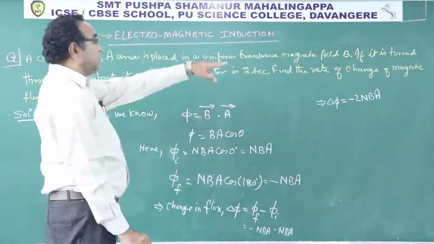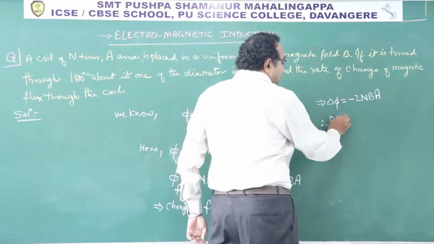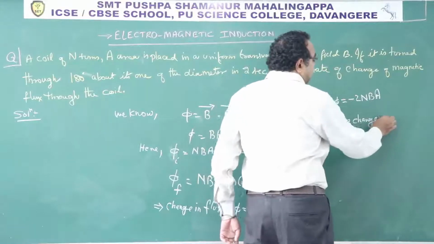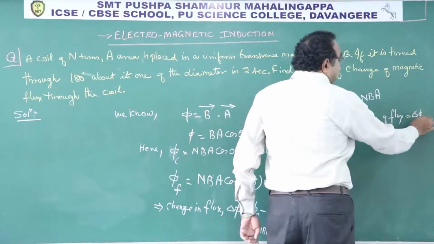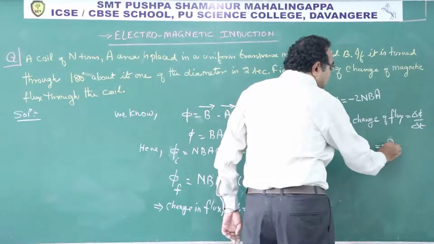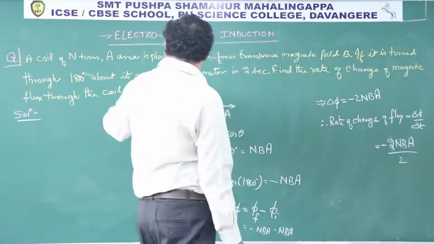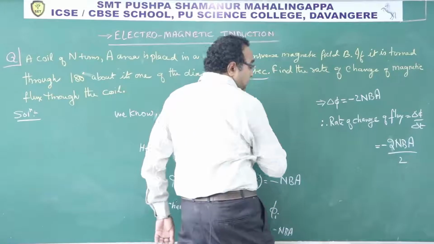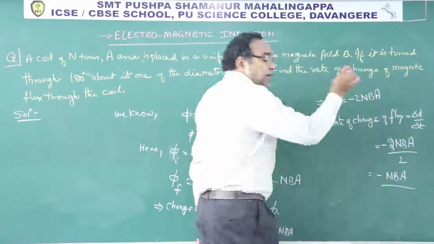Now what is asked? Rate of change of flux. So therefore rate of change of flux is delta phi by delta t. So that is minus 2 times NBA upon 2, because it changes in 2 seconds. So that is minus NBA.